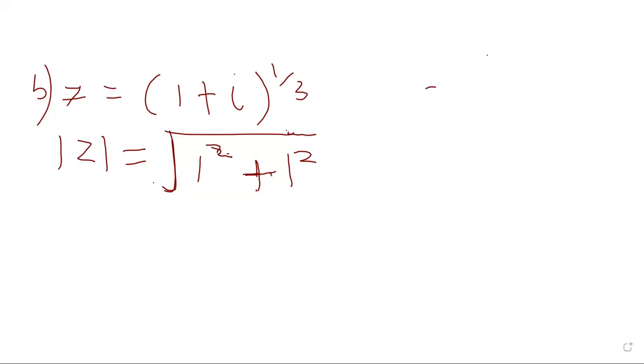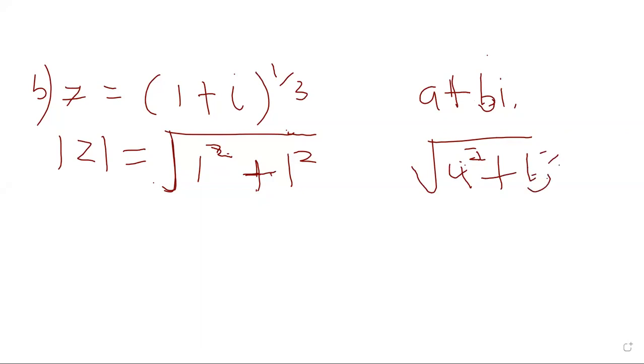So if we had a plus bi, and we are finding the modulus, we just have the square root of a squared plus b squared.